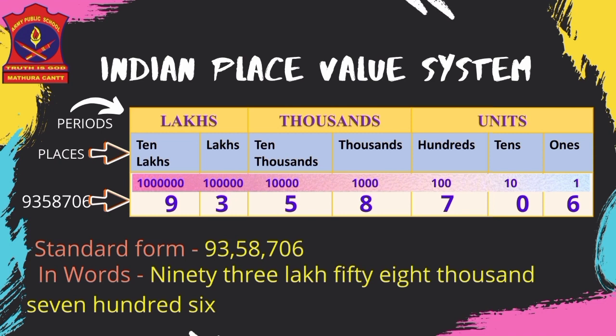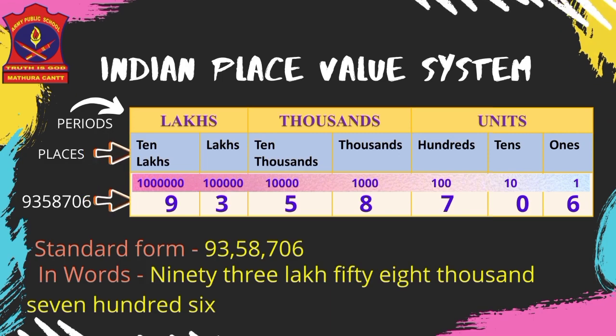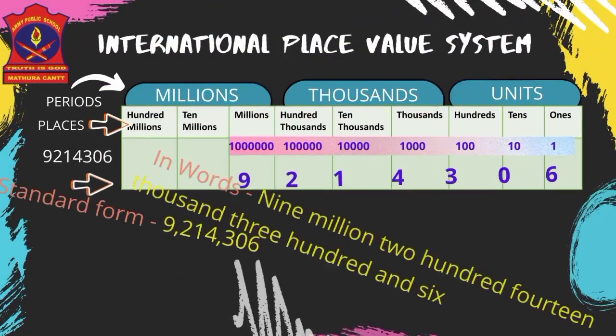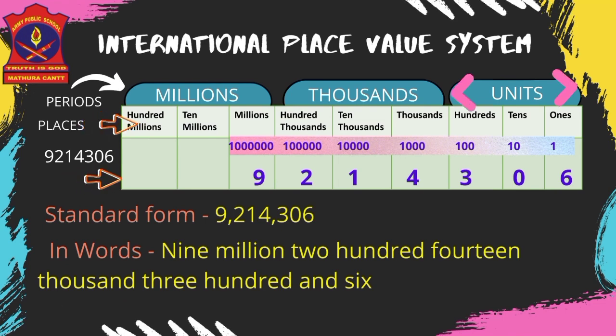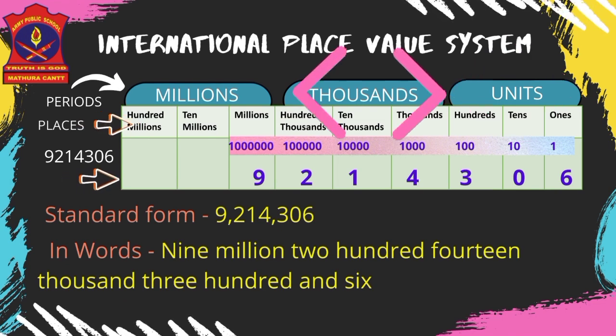While reading a number, all the digits in the same period are read together along with the name of the period, except the ones period. Now this number in words can be written as 93,58,706.